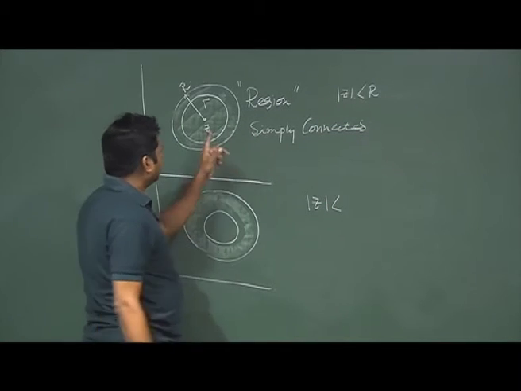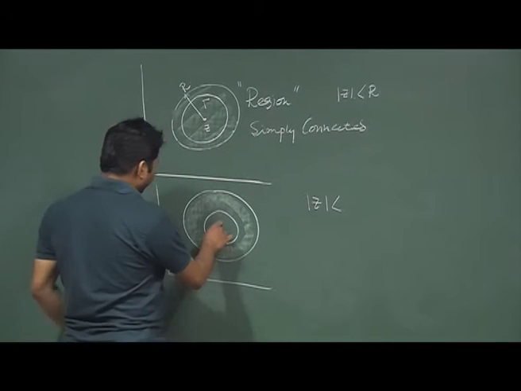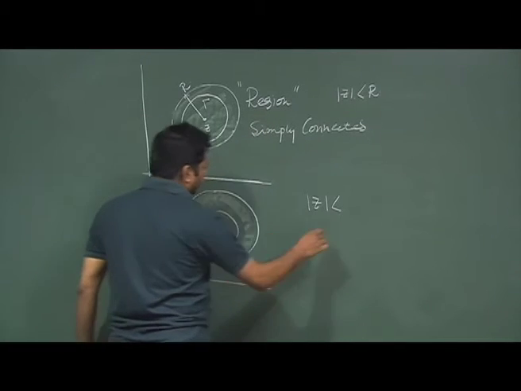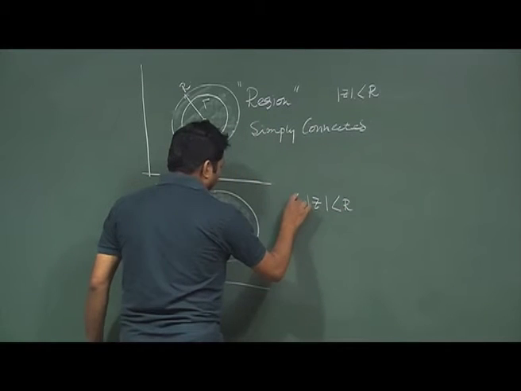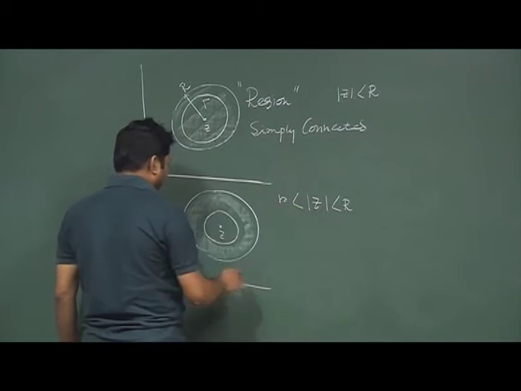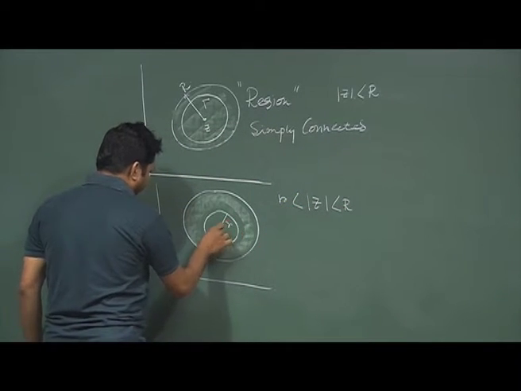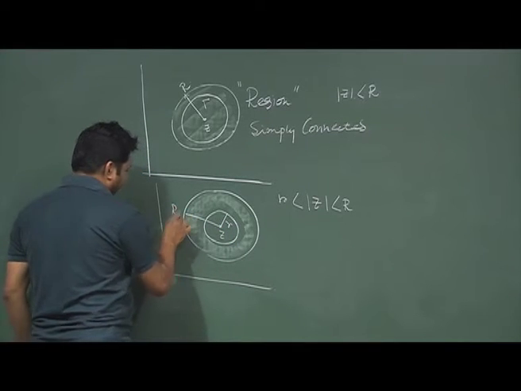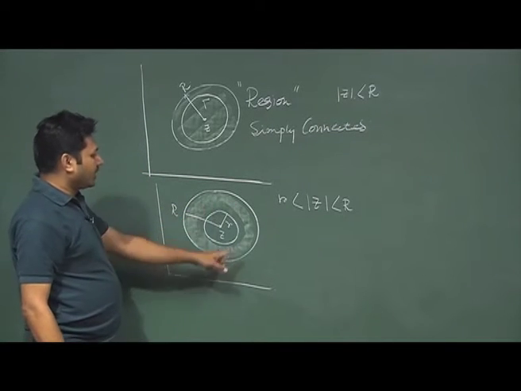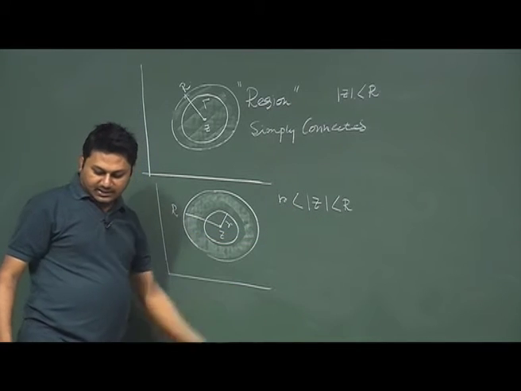Here, if this is my z point, then z is less than R and greater than small r. If this is my small r, and this is my big R, this is the region I am talking about mathematically.